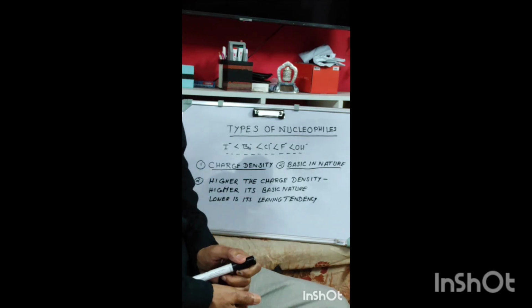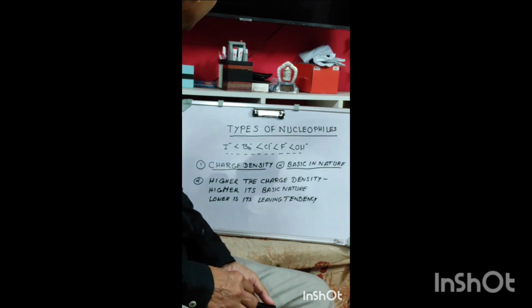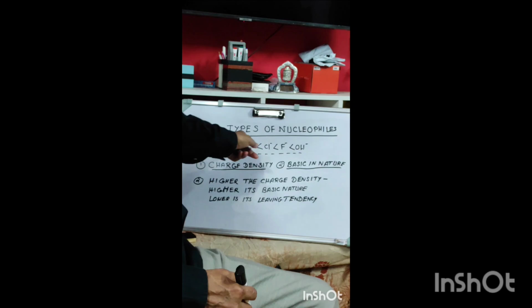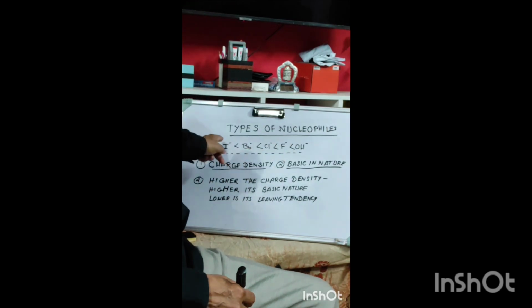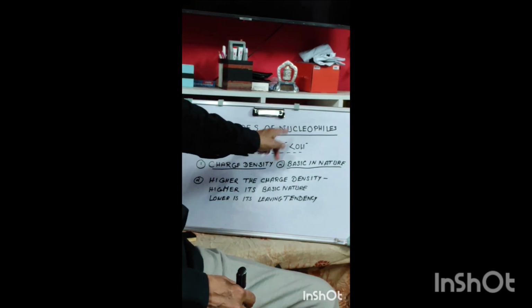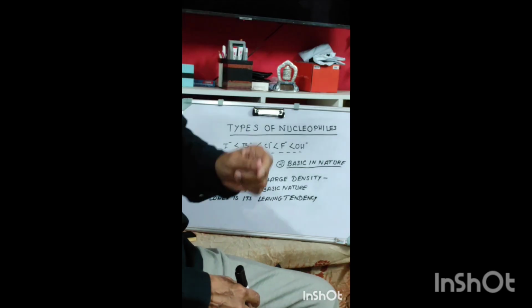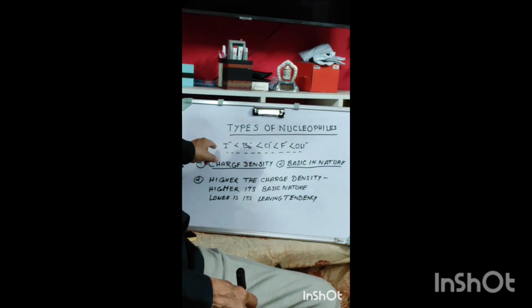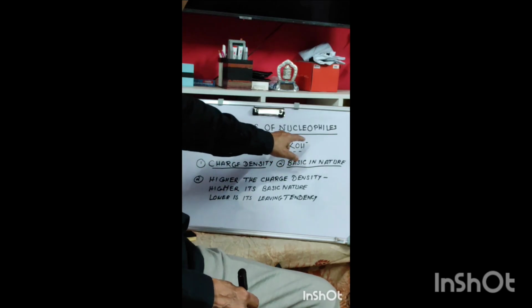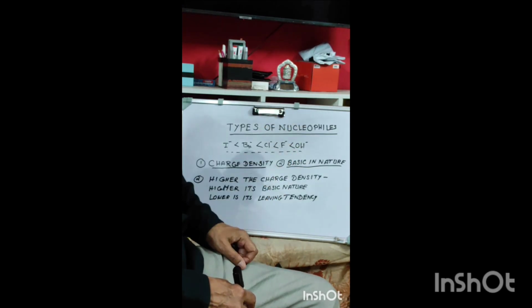Now what is charge density? Here everyone has unit charge, -1, -1, -1, -1, -1, but see the volume. The largest volume is here, followed by bromide, followed by chloride, followed by fluoride, and last but not the least, hydroxide.